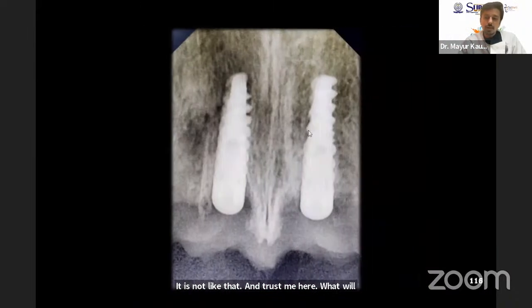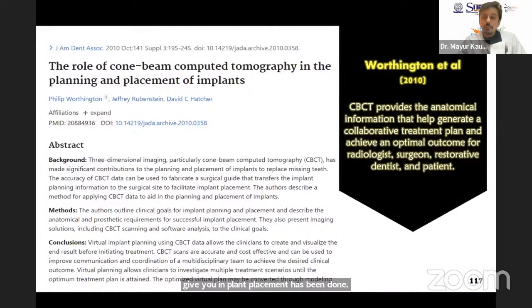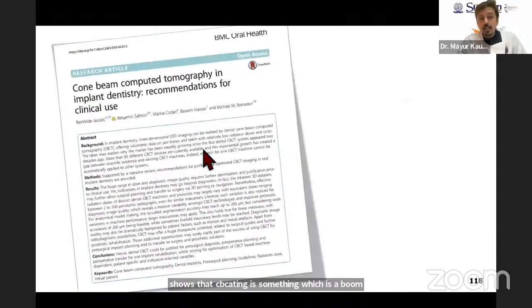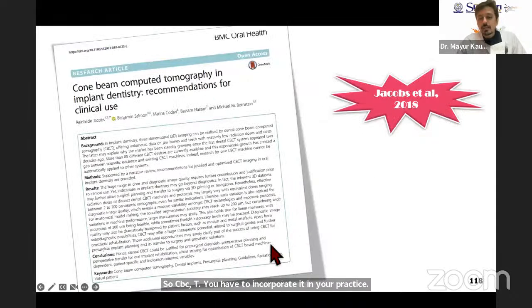But as far as possible, ample literature is there which shows that CBCT is something which is a boon. So CBCT you have to incorporate in your practice. And again, CBCT has revolutionized implant dentistry.